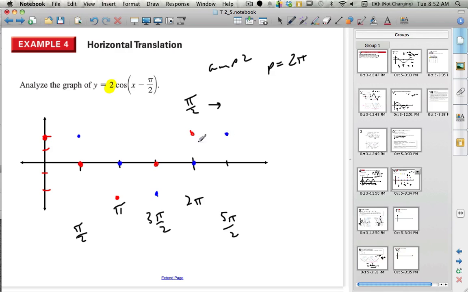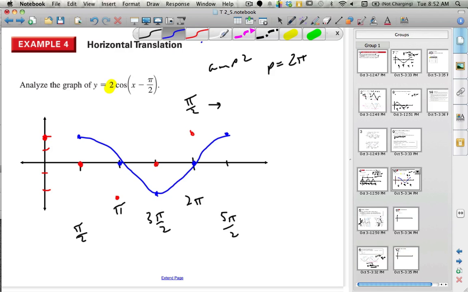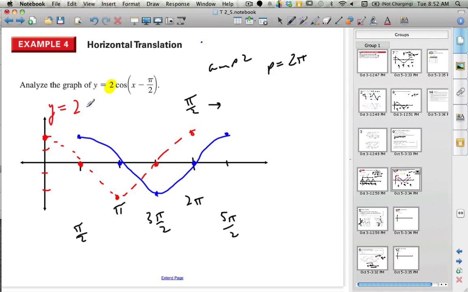And because we always work off a starting point, if I had just started off and shifted it to the right, that would have been okay. So I didn't have to put this particular graph in. This is the graph of y equals 2 cosine x.